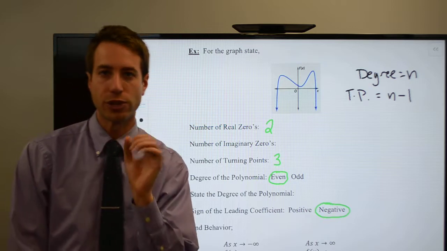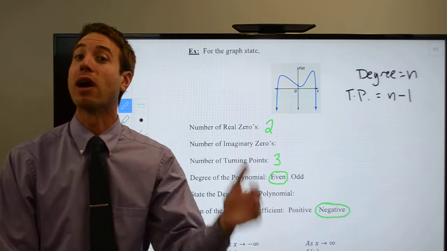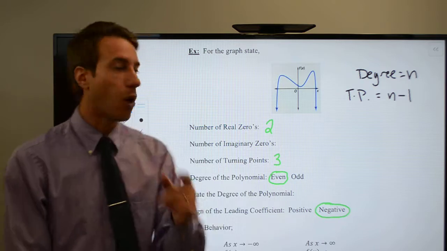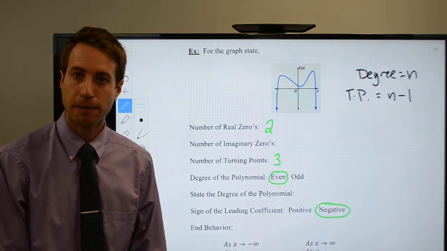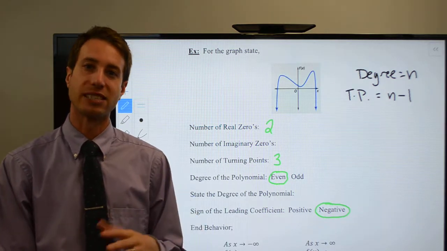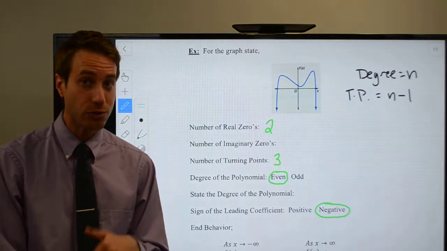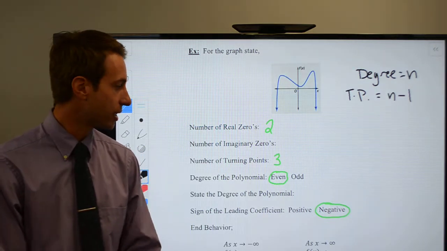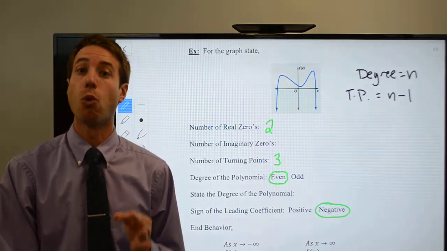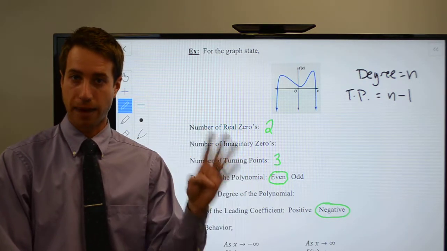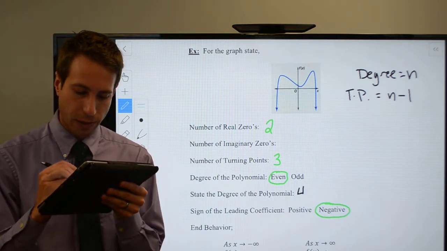Meaning, once you know the degree of the polynomial, the number of turning points will be 1 less than that. Well, I was able to look at my graph and see the number of turning points. I have 3. Since the number of turning points is 1 less than the degree, I actually do know what the degree of this polynomial is. If I have 3 turning points, the degree would be 1 more than that, which is 4. This turns out to be a 4th degree polynomial.